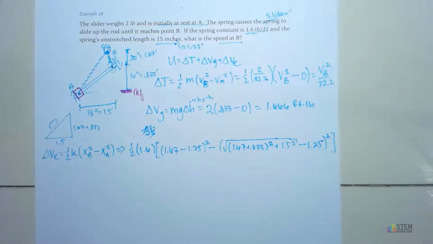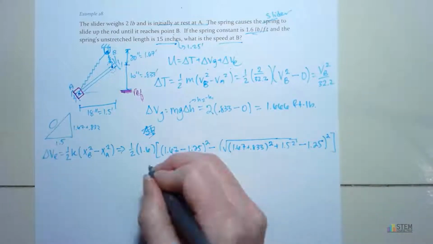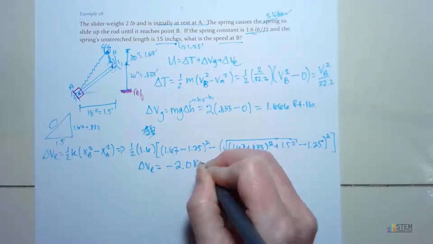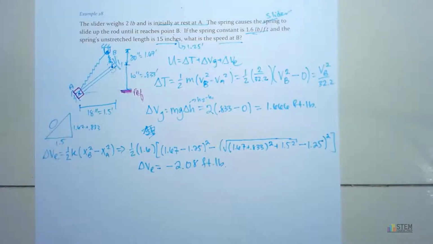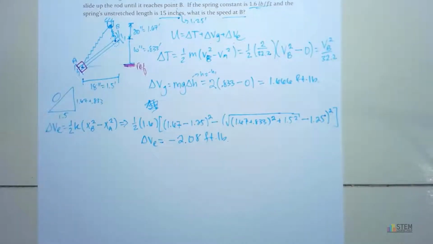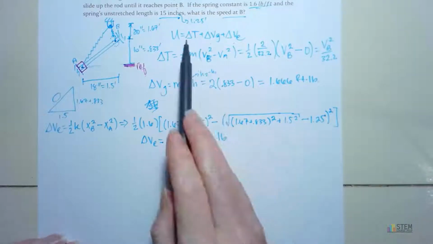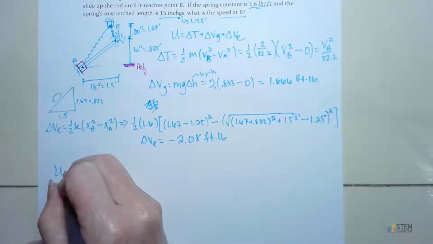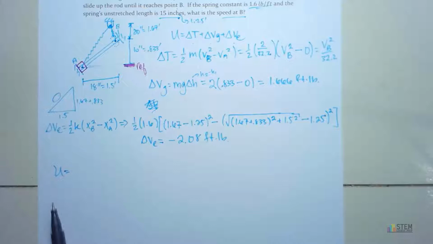Now that we've got that, you can do all of the math, simplify that, and you're going to get negative 2.08 foot-pounds. So now we have that. The last thing you need to do, we've got everything on the right side done, you need to look at U. Remember, U is work, and we said U was going to take care of any external forces other than gravity or springs. Now, do I have any other external forces? No, right?